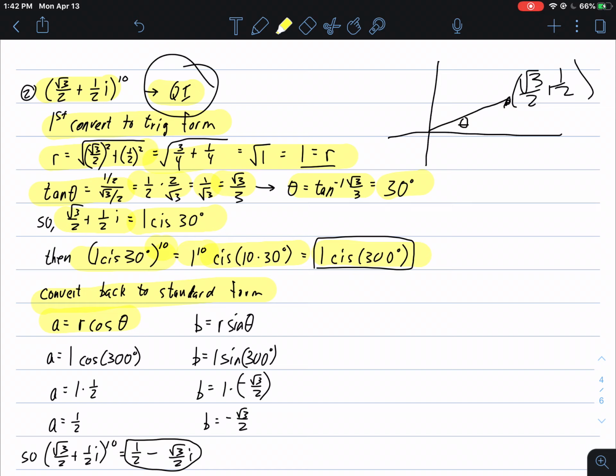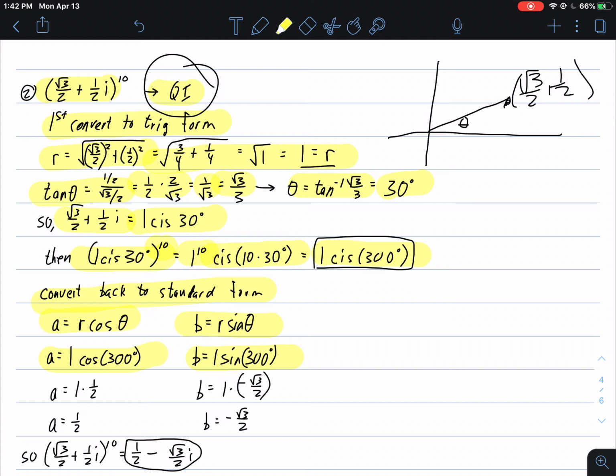a is r cosine theta, b is r sine theta. Find a and b. So in this case, it's 1 cosine of 300 and 1 sine of 300. Now 300 is quadrant 4, where cosine is positive, sine is negative. Our reference angle there is 60 degrees, 360 minus 300.